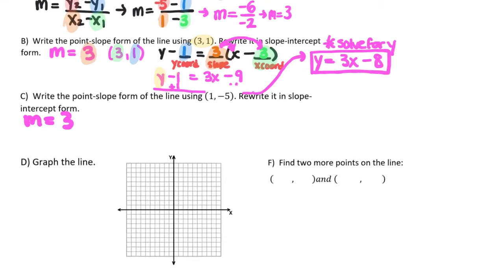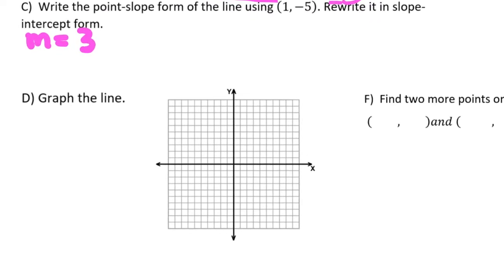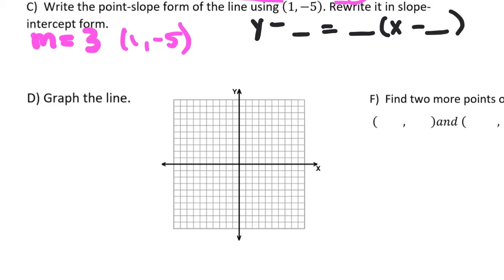And now if I zoom in to focus on that problem, if I'm focusing on my point 1 comma negative 5, I'm now using that same point slope form. So it's y minus the blank equals the blank times x minus the blank. And I'm filling in, this is the y coordinate, the slope, and the x coordinate.